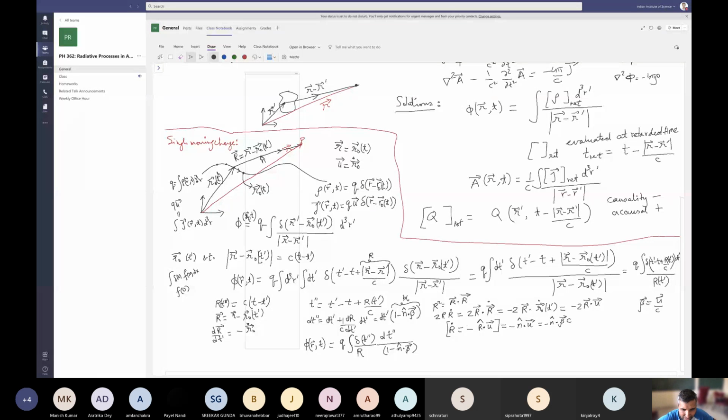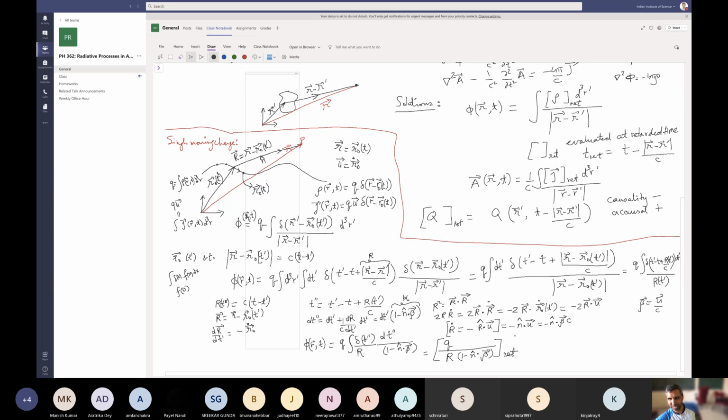In the same way, we just evaluate the integrand at the retarded time, when t double prime vanishes. That's just q by r times 1 minus n hat dot beta, and this is evaluated at the retarded time. So you get a very similar expression as you have for potential in electrostatics, except for this 1 minus n hat dot beta factor in the denominator.